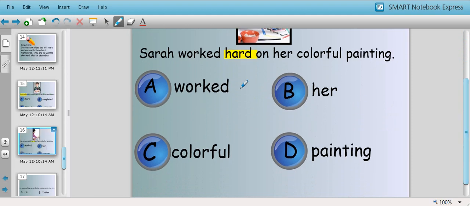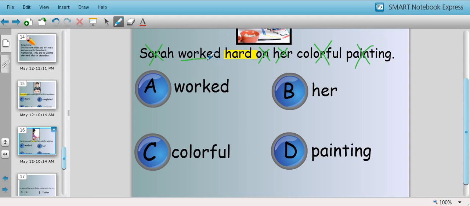So, Sarah worked hard on her colorful painting. Here's our adverb. Now, to identify our verb, well, hard does not modify Sarah. It does not modify on, or her, or colorful, or painting.